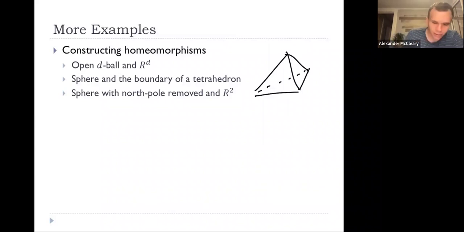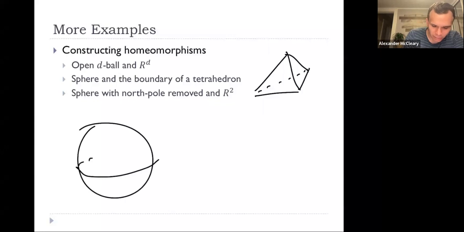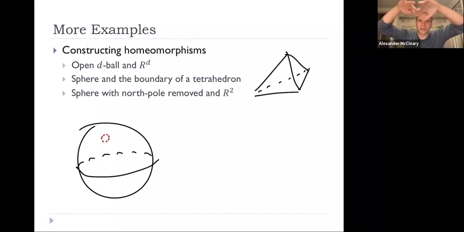And then a sphere with the North Pole, or really any point removed. So this is a punctured sphere. Imagine taking a balloon and just popping it. So it's like a sphere with a hole removed. Let me try to draw it. You can imagine you take your balloon, you pop it, and you pull apart that hole.